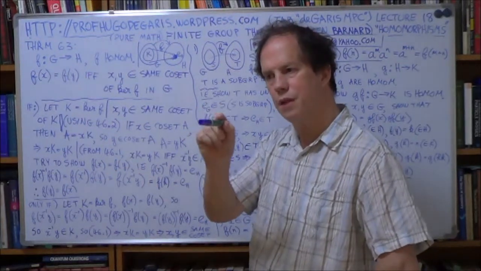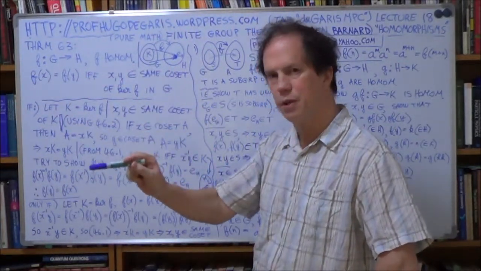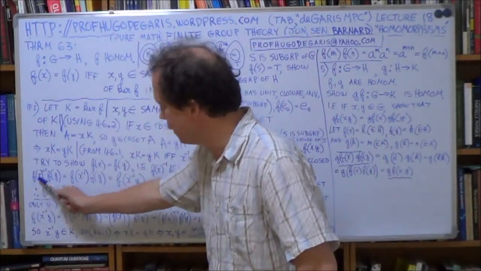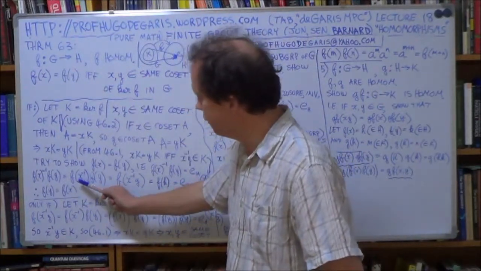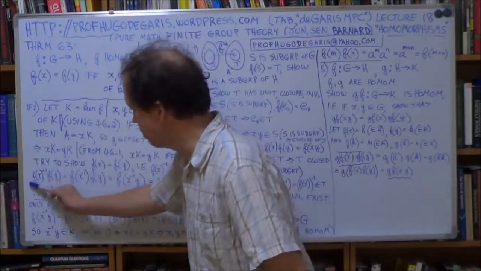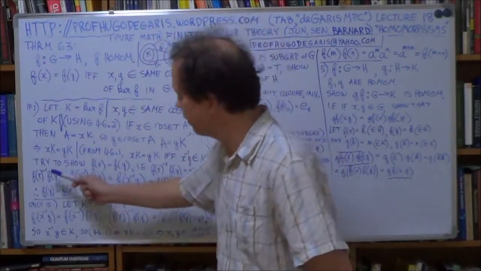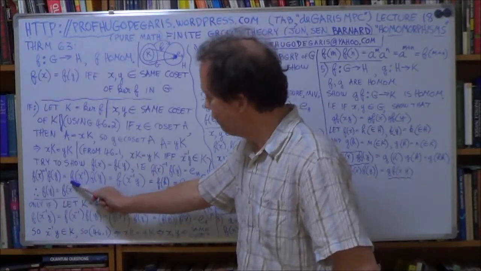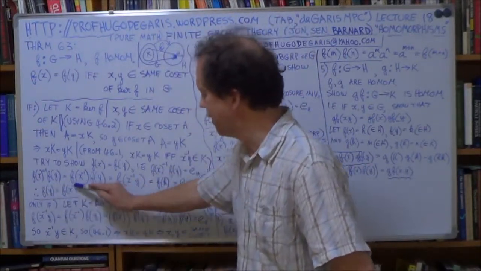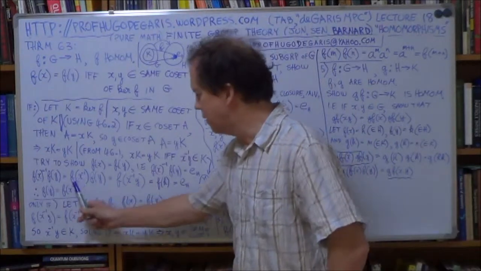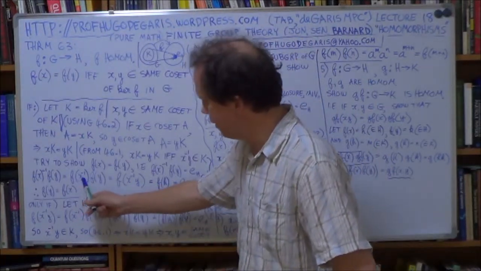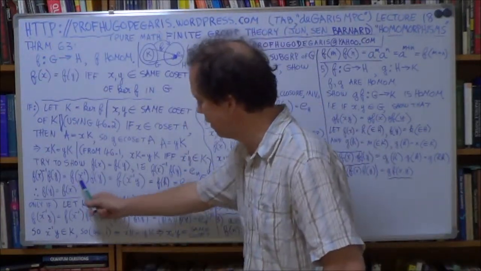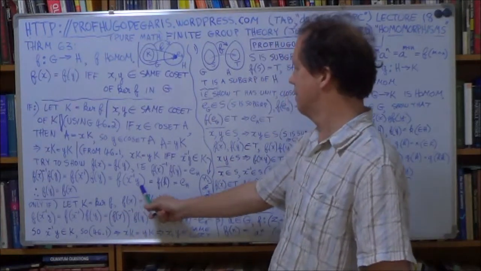So the inverse in G will map to the corresponding inverse in H. So the inverse of f of x is equal to f of the inverse. So we can rewrite that as this. And since f is a homomorphism, f of m times f of n becomes f of mn, so we can rewrite this as this.